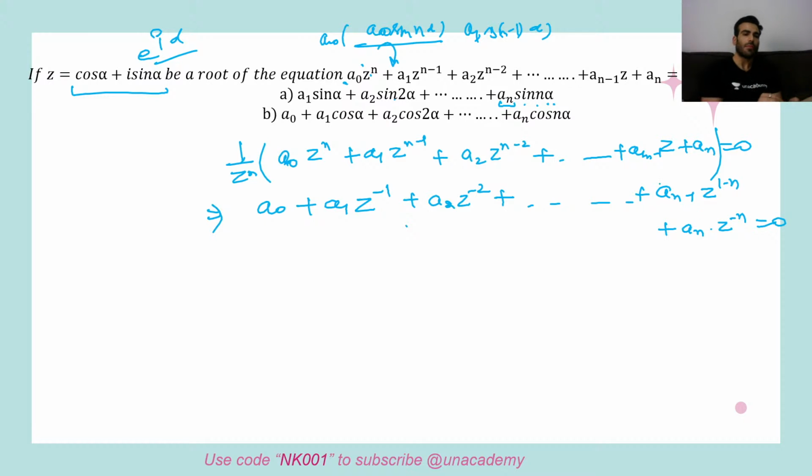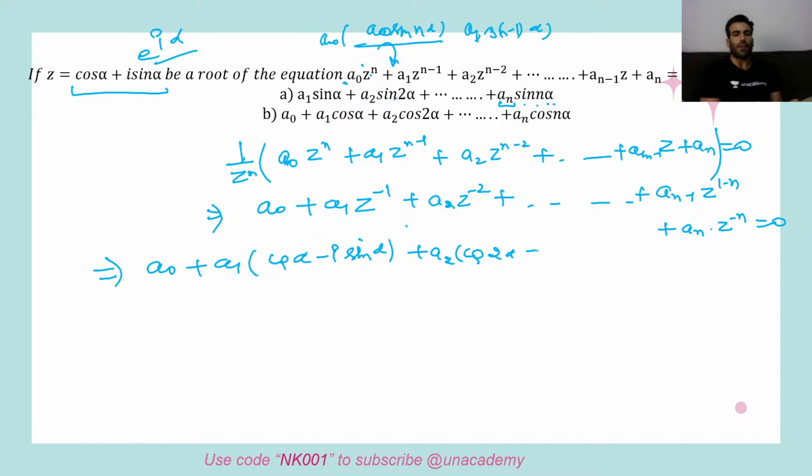Clear? Now when I put this z value here, I can apply de Moivre's. So what do I get? a naught plus a1 cos of minus alpha. So cos will absorb, whereas sine will not be able to absorb.